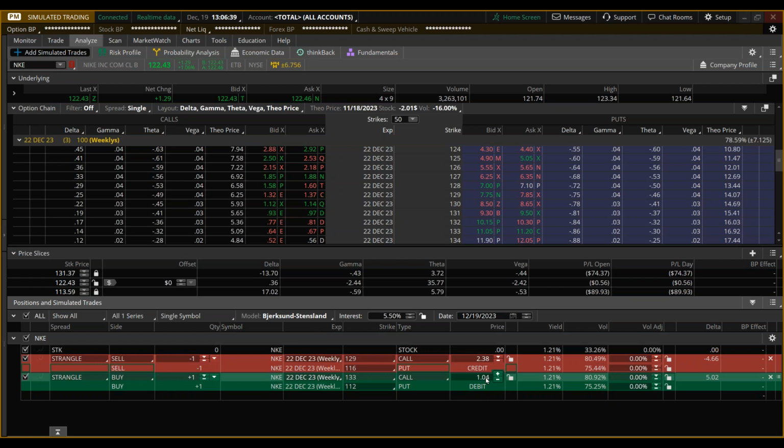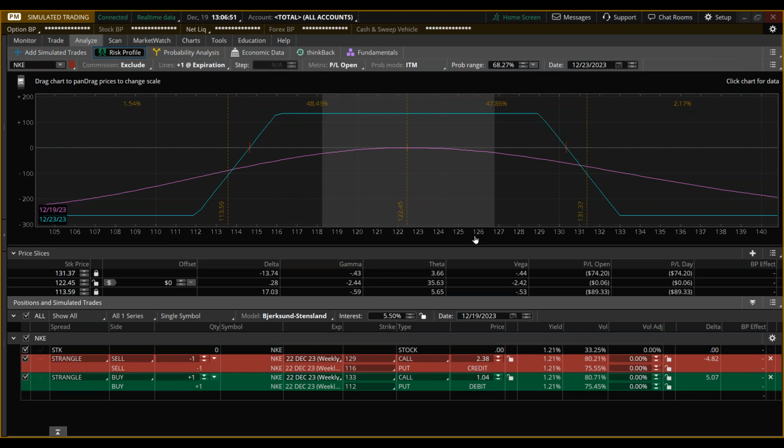So that eats up almost half of my credit from selling the Strangle, but it still leaves me with a decent looking Iron Condor where I can make $134 by risking 266 as opposed to risking unlimited amounts of money.